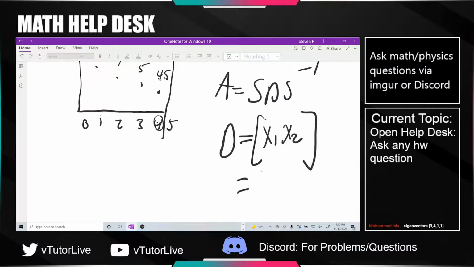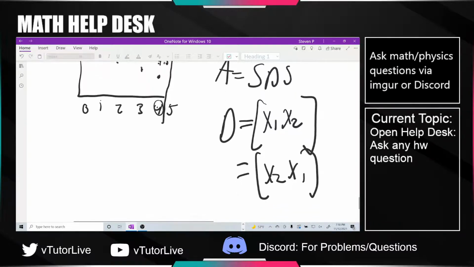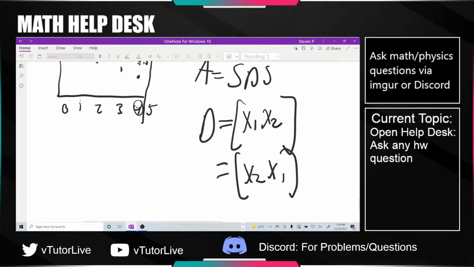You should be able to just redo it differently as x2, x1. So if you have one answer, you should be able to generate the other as well. You see what I'm saying? Wait, am I thinking of the right thing? I'm pretty sure the eigenvectors, or is this supposed to be S? Is this supposed to be S? Yeah, I don't remember this off the top of my head.